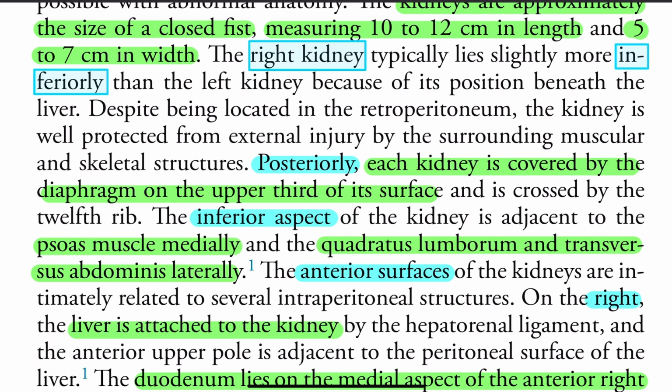On the inferior aspect, the kidney is adjacent to the psoas muscle medially, and quadratus lumborum and transverse abdominis laterally. Remember, the psoas is medial. How can you remember? Psoas abscess develops when there is spinal TB. So psoas is medial.